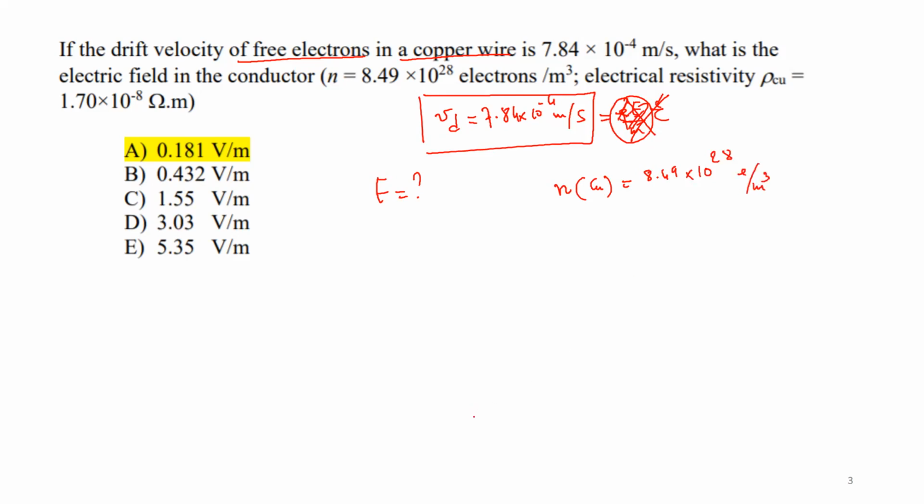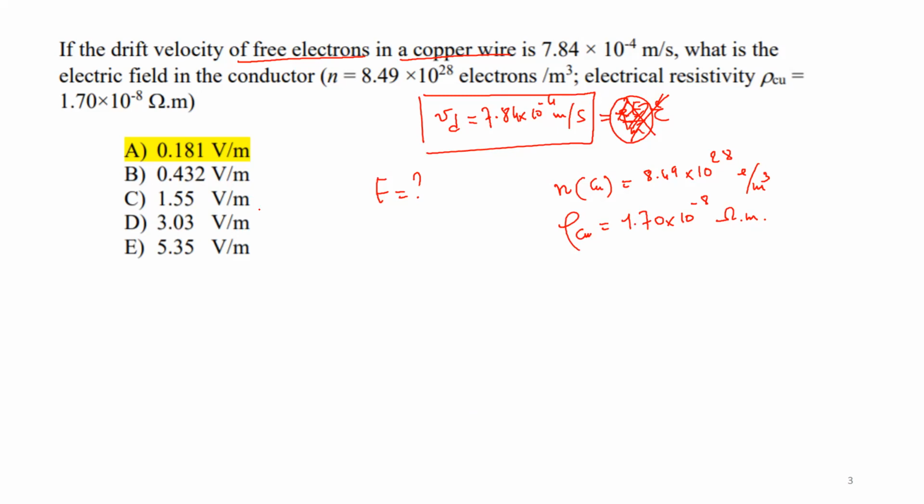This is the density of free charge in my copper. And I give you also the resistivity for copper, which is 1.70 times 10 to the power minus 8 ohm meter. Here I'm asking what's the electric field.